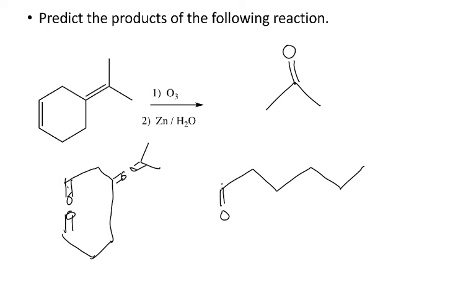I then have one carbon and then the other carbonyl group. And then I have 2 carbon atoms and the other carbonyl group is on the end. So here's my 2 carbon atoms. The carbonyl group will be on the end. And there are our 2 products.